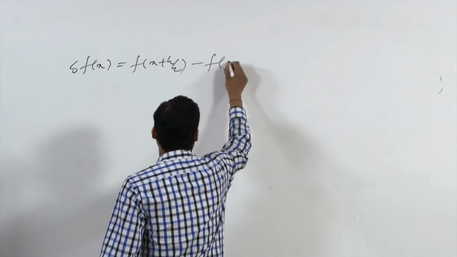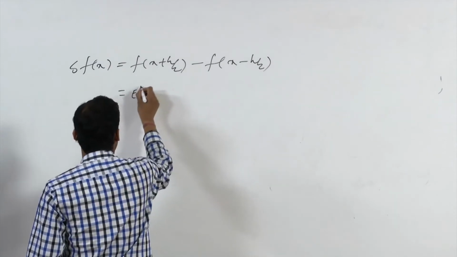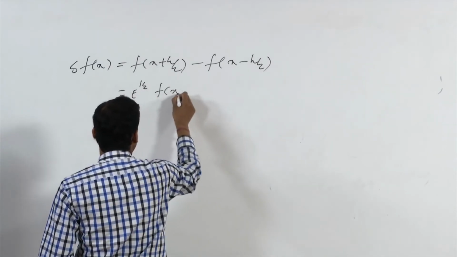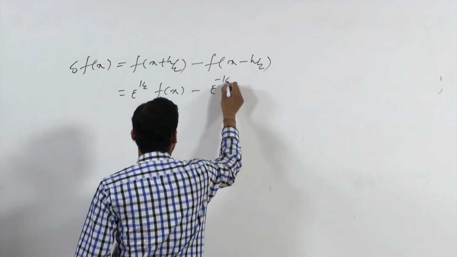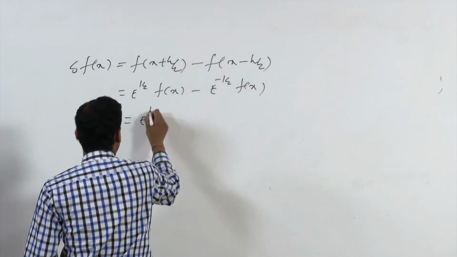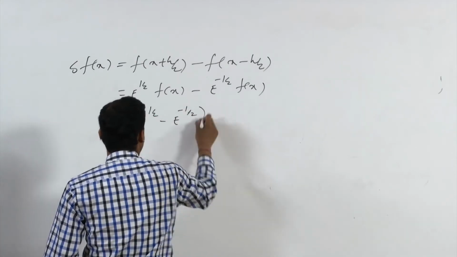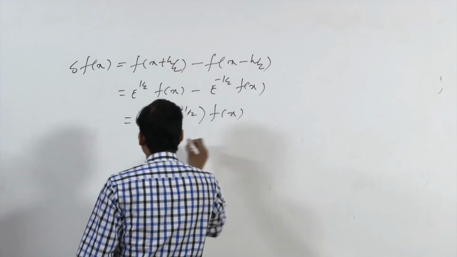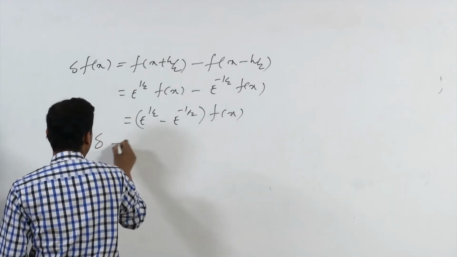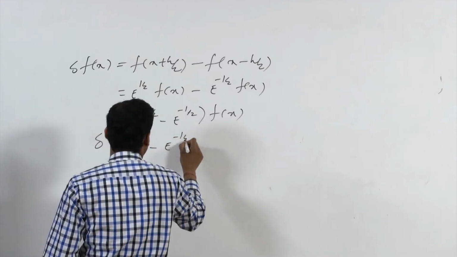This can be written as E to the power half f(x) minus E to the power minus half f(x), which is E to the power half minus E to the power minus half of f(x). So obviously we can write the operator as delta equals E to the power half minus E to the power minus half here.